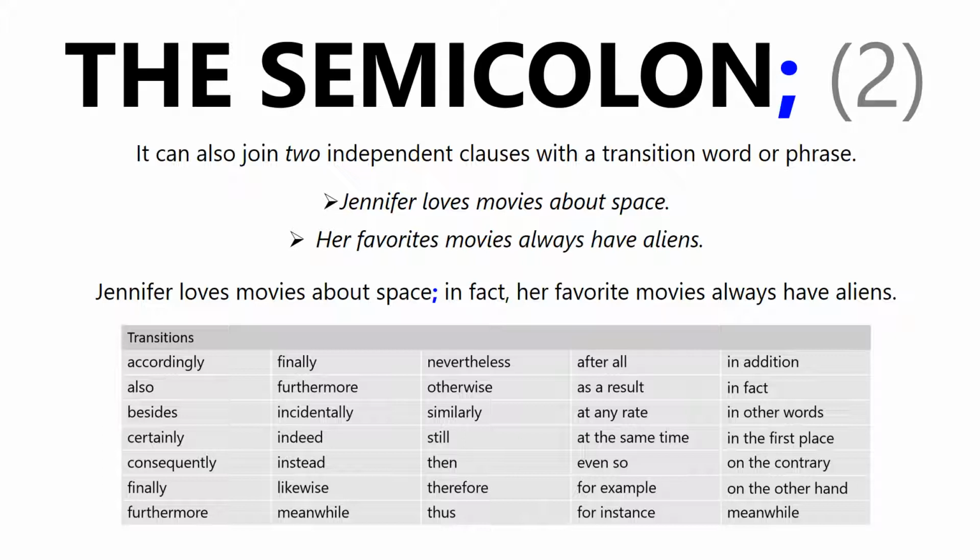Jennifer loves movies about space, semicolon. In fact, comma, her favorite movies always have aliens. Now, when you join together two independent clauses with a semicolon and a transitional word or phrase, also use a comma after the transitional word or phrase.